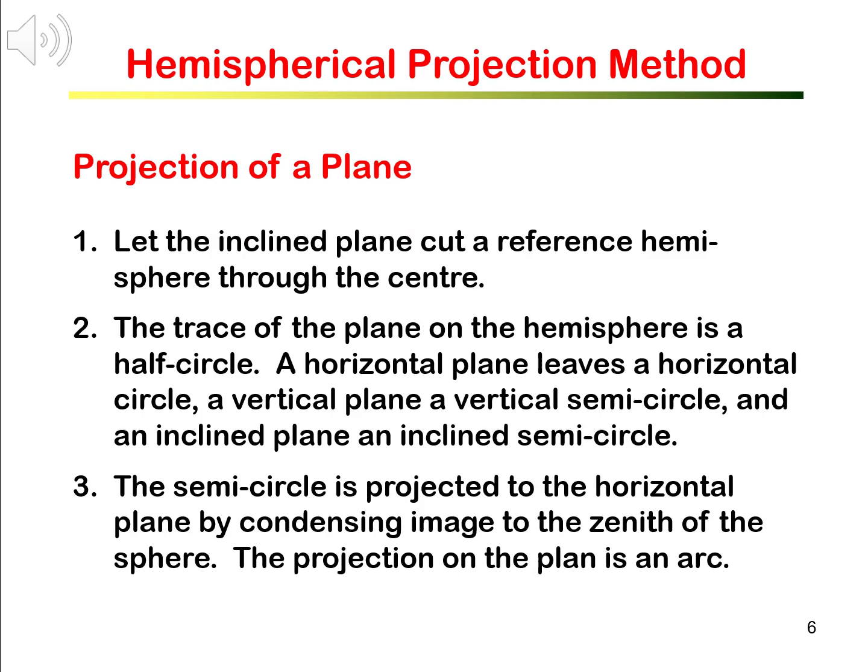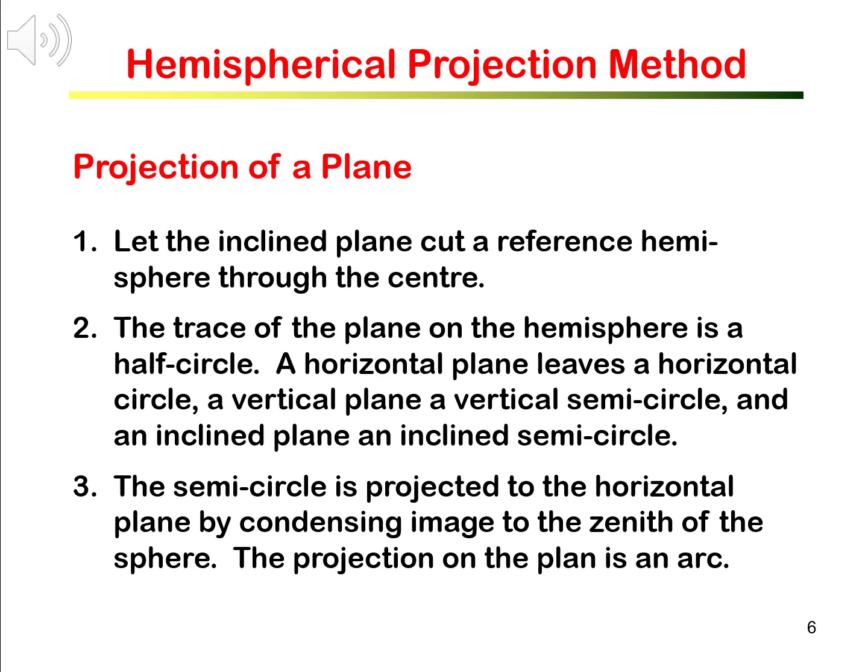To summarize the method of projection of a plane: first, let the inclined plane cut the reference hemisphere through the center. Second, the trace of the plane on the hemisphere is a semicircle. A horizontal plane leaves a horizontal circle. A vertical plane leaves a vertical semicircle. And an inclined plane leaves an inclined semicircle.